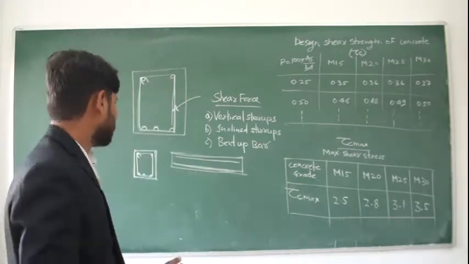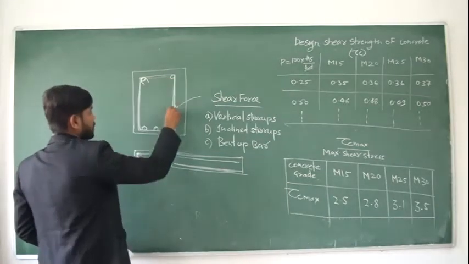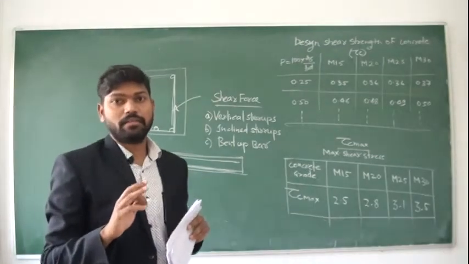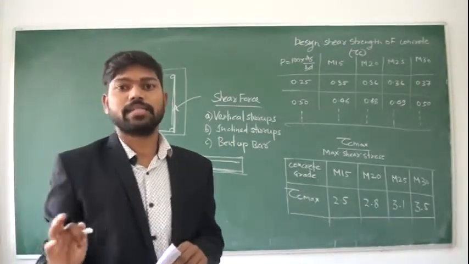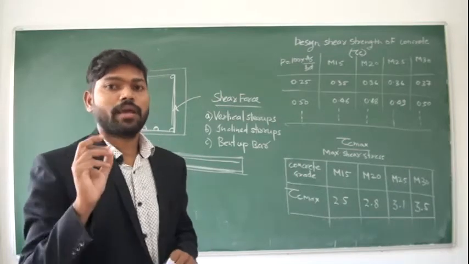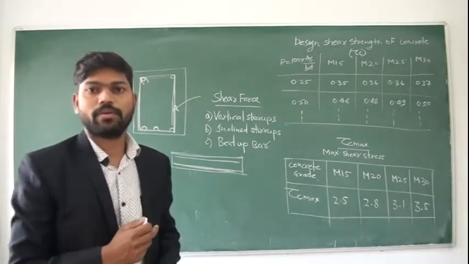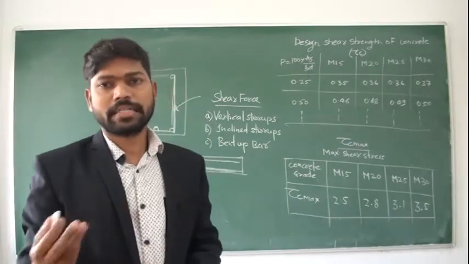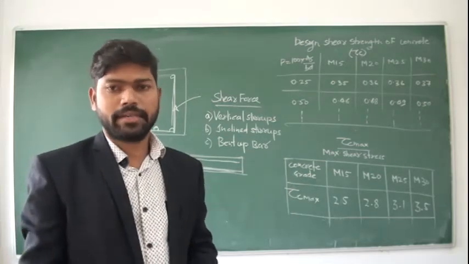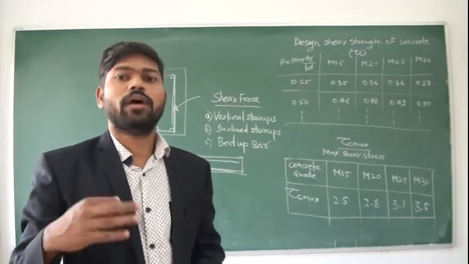Now see, this is the vertical stirrup. In general construction practice, if you look around your locality, you will come across vertical stirrups only. Inclined stirrups are provided in some rare cases, and bent up bars are also an old practice.